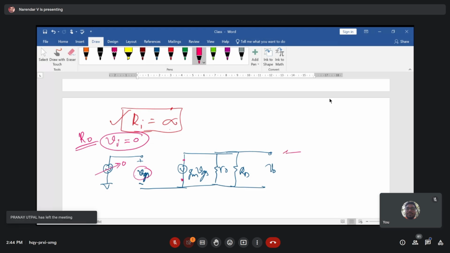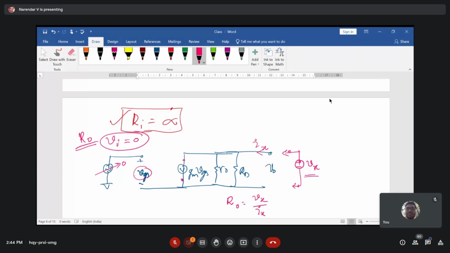Externally you connect a source Vx, positive and negative, and because of that there is a current Ix in your circuitry. As you apply this Vx voltage externally, you can calculate R out, which is Vx by Ix.